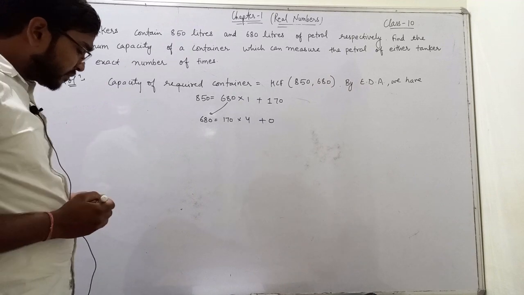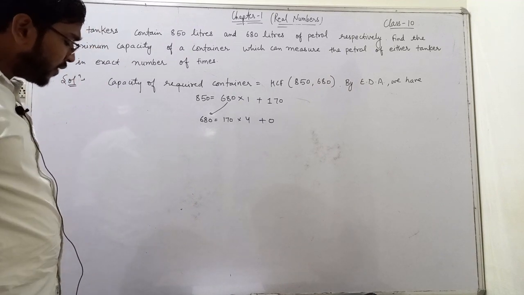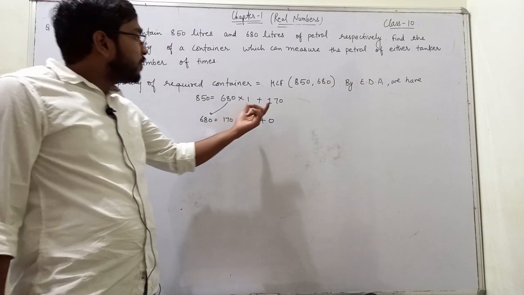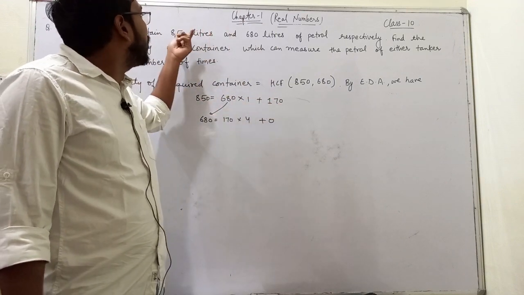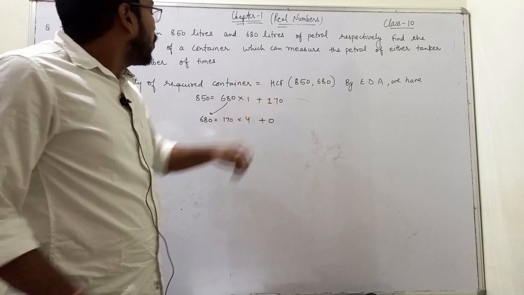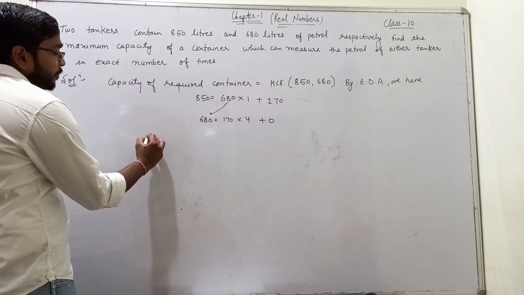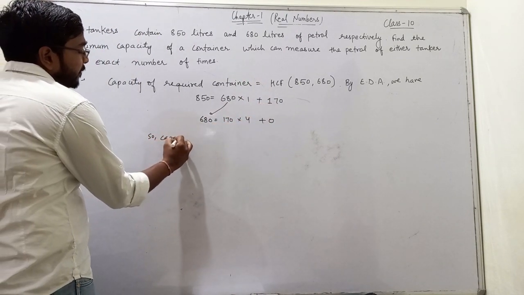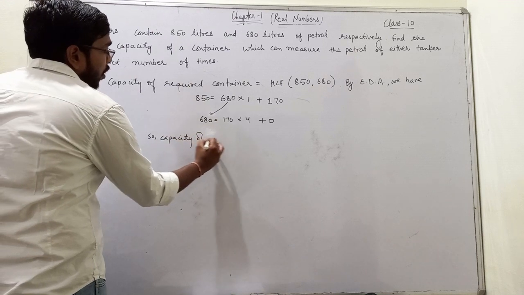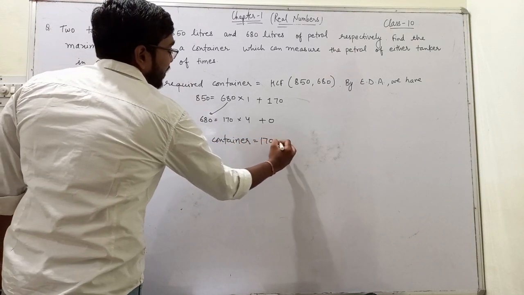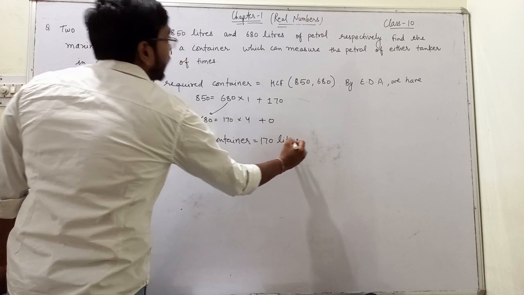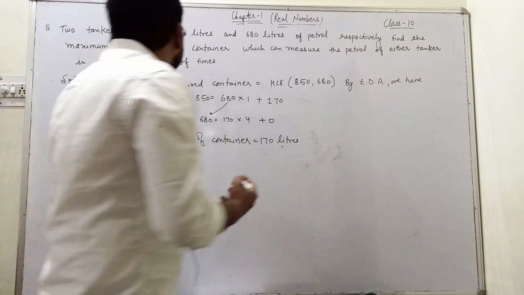So now let us see, the volume of the container that is used for measuring both these quantities is 170 liters. So capacity of container equals 170 liters. Let us try and verify this.